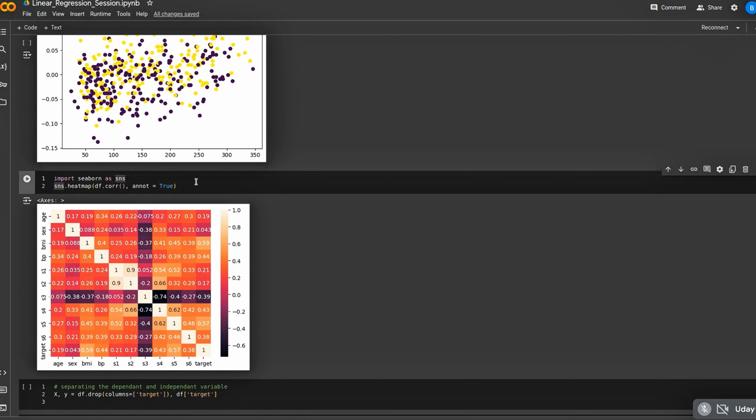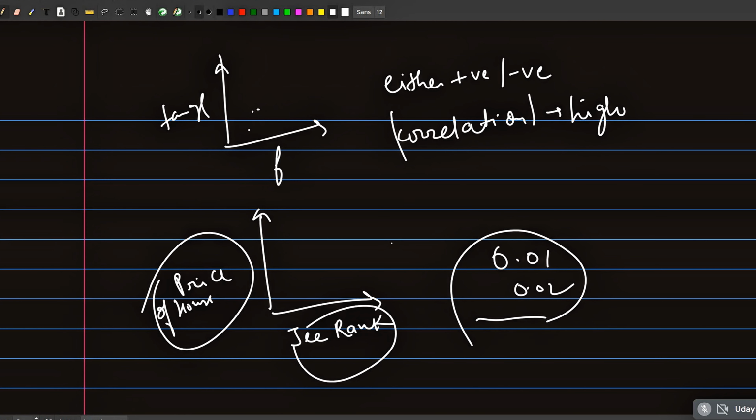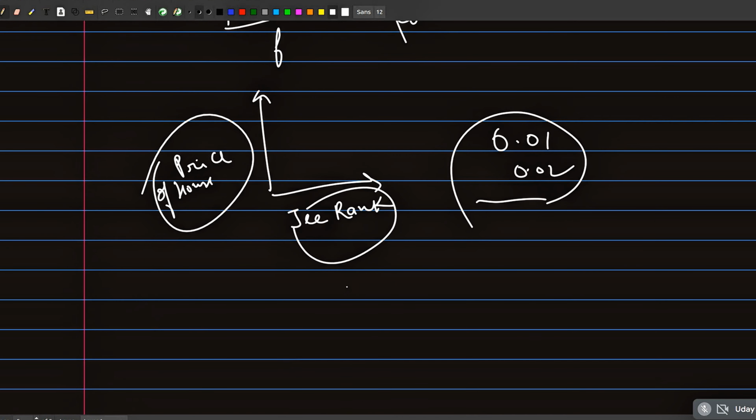Sometimes what happens is, if you have two features that correlate almost the same with each other, we don't need both. To explain it easily, a similar example: JEE Advanced rank and JEE Mains rank.